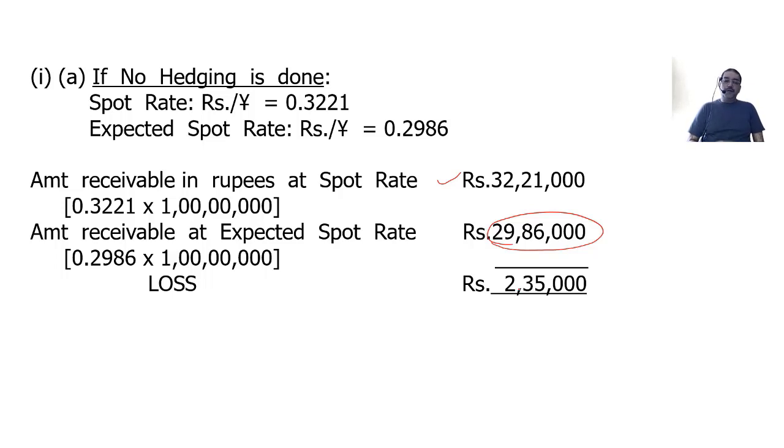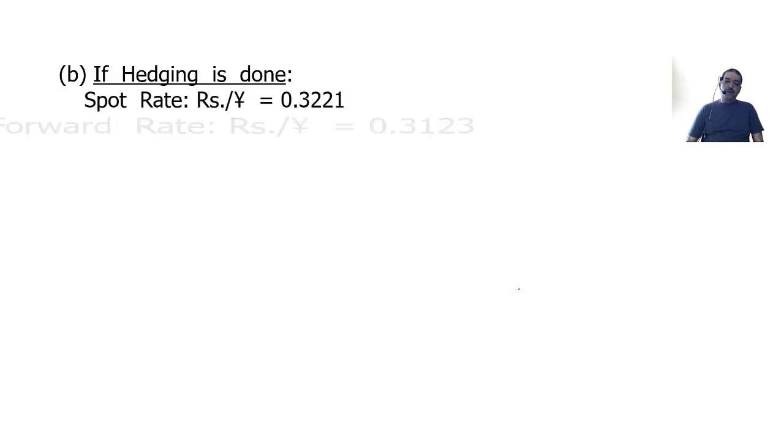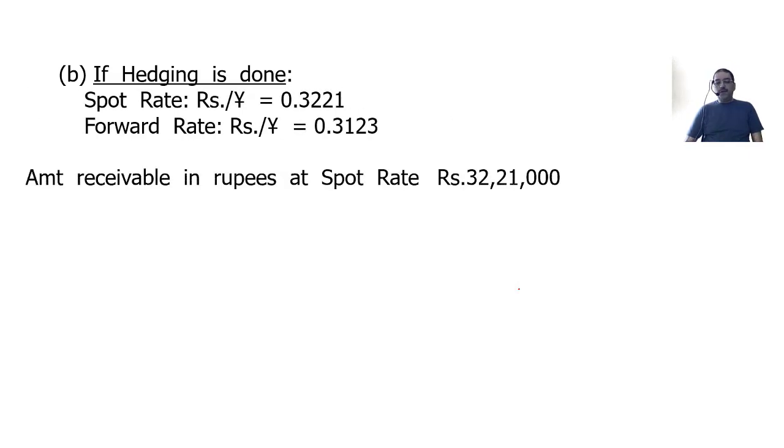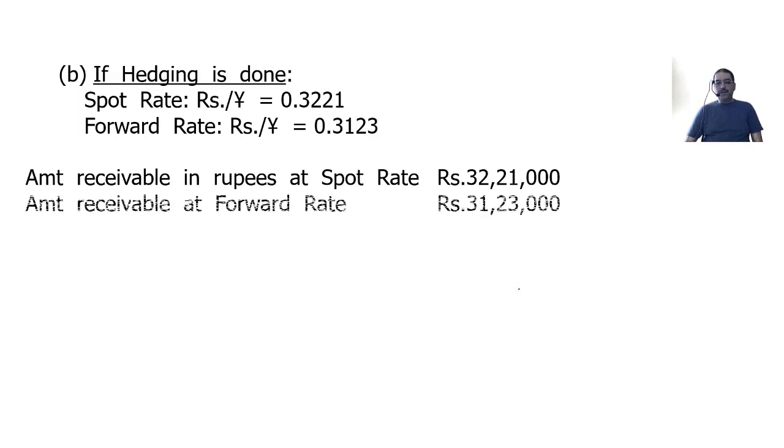That is if no hedging is done. If hedging is done, the two rates will be spot rate and forward rate. Amount receivable at spot rate is 32,21,000 and at forward rate it would be 31,23,000.